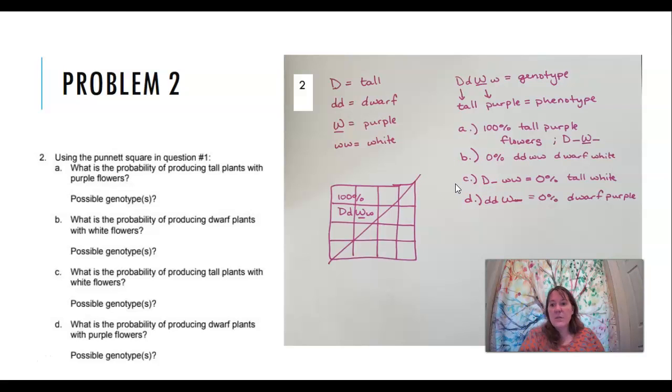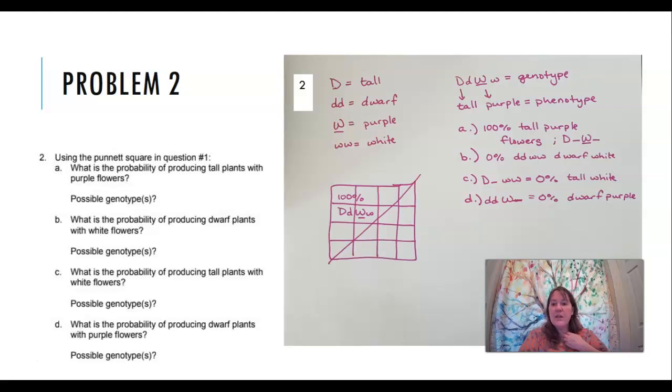C is what is the probability of producing tall plants with white flowers? Again, that's 0%. Tall plants that are white would be big D anything and little w, and we didn't have any of that genotype, so 0% probability. Then our last one is D, and I'm sure you see the pattern here, we also have 0%.